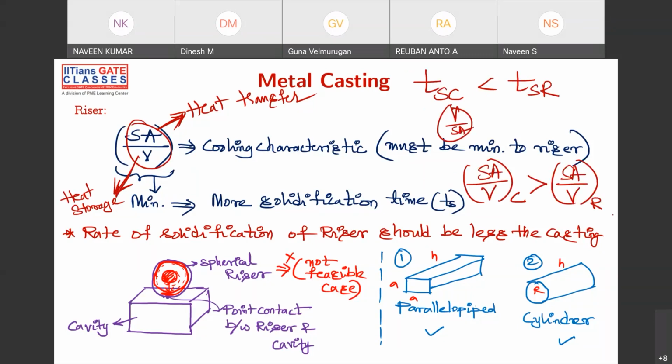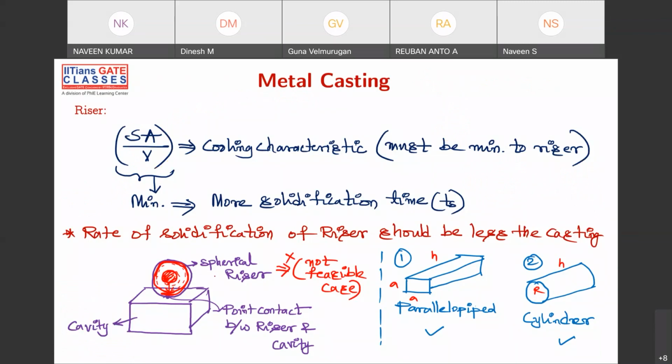Is it making sense? Why have I written this? Because if the surface area of the casting is more, it will cool fast and solidify very fast. Then only the riser will solidify. Okay, fine. These are the important points.